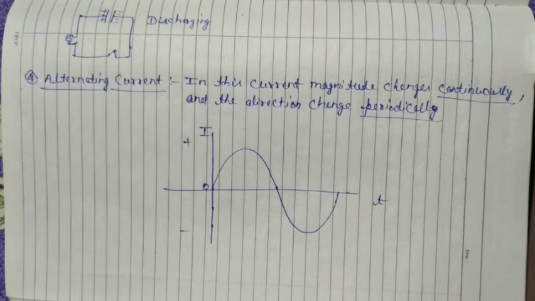So it changes its direction periodically, and it changes its magnitude at every instant. Such current is known as alternating current, and that is the current we are using at home.